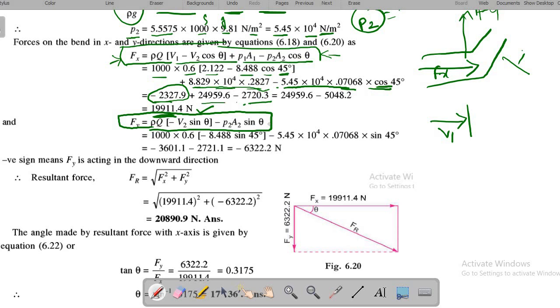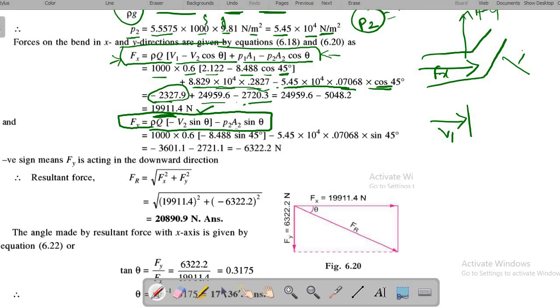Okay, that is v2 sin theta. And similarly pressure components are considered p1 a1 and p2 a2. Okay, so here we have the p1 a1 term in the y direction. Only we have the P2A2. So P2A2 sin theta. This formula also you should remember.